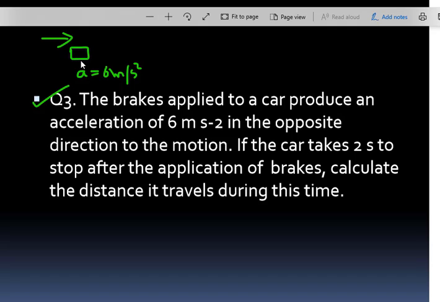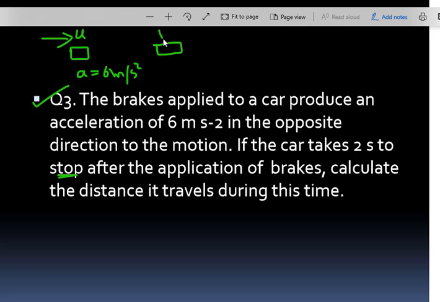So when the brake is applied, after certain time what will happen? The car will come to rest position. Okay, here it is given if the car takes 2 seconds to stop. Initially the car was moving. After 2 seconds the car will stop. So here initial velocity is u, which is not given. Okay.